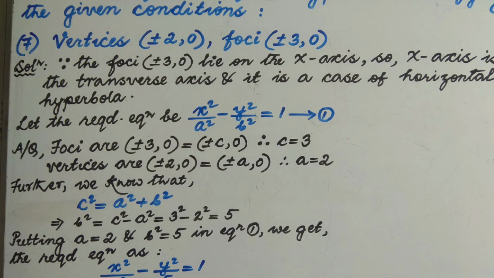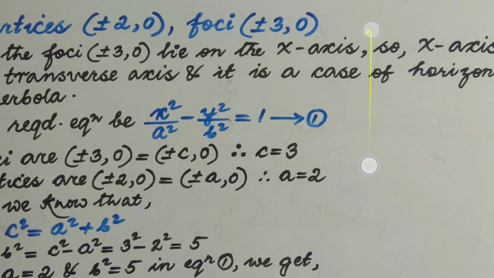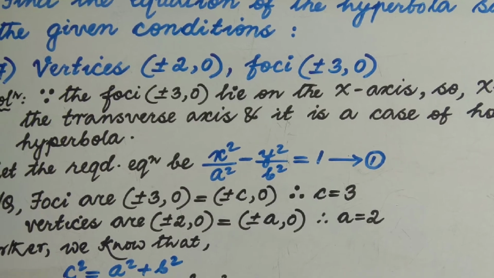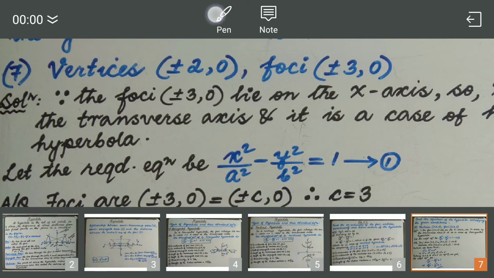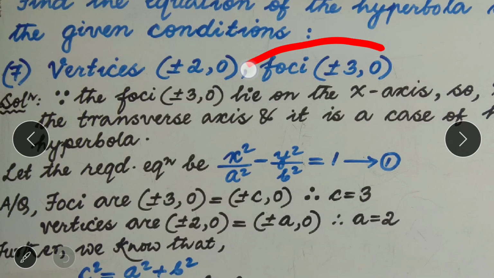Vertices plus minus 2, 0. And foci are given as plus minus 3, 0. Now, the first task is to identify the type of hyperbola by looking at the given conditions. If I look at the foci given in the question, what is the coordinate of foci given?